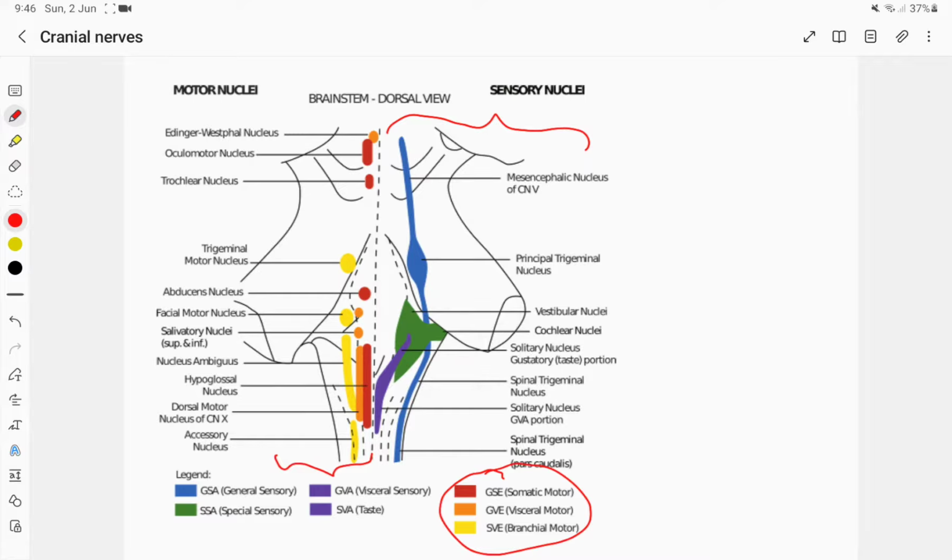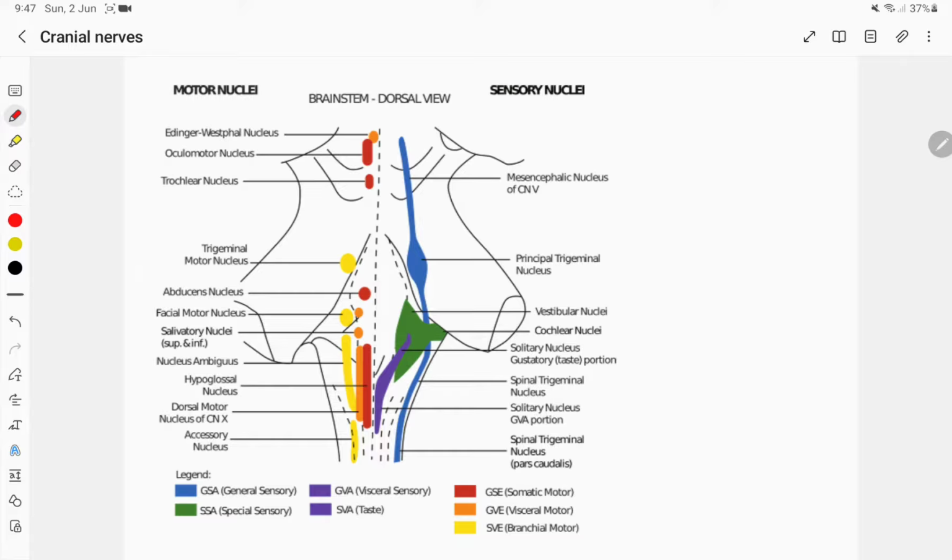Then the sensory fibers: the cranial nerves contain peripheral processes of related sensory ganglia. The central processes of sensory ganglia terminate on the sensory nuclei related to the nerves. Then you will have general visceral afferent fibers, special visceral afferent fibers, general somatic afferent fibers and special somatic afferent fibers, which are related to those sensory nuclei.